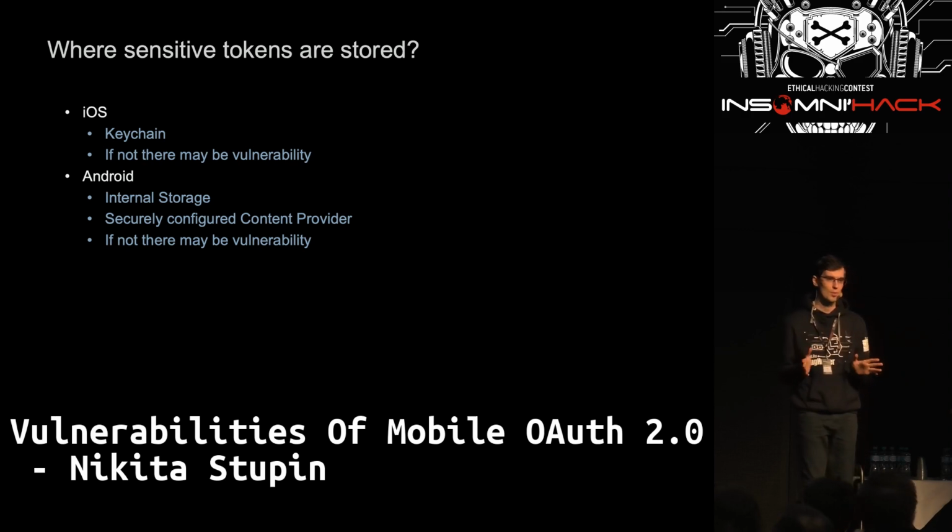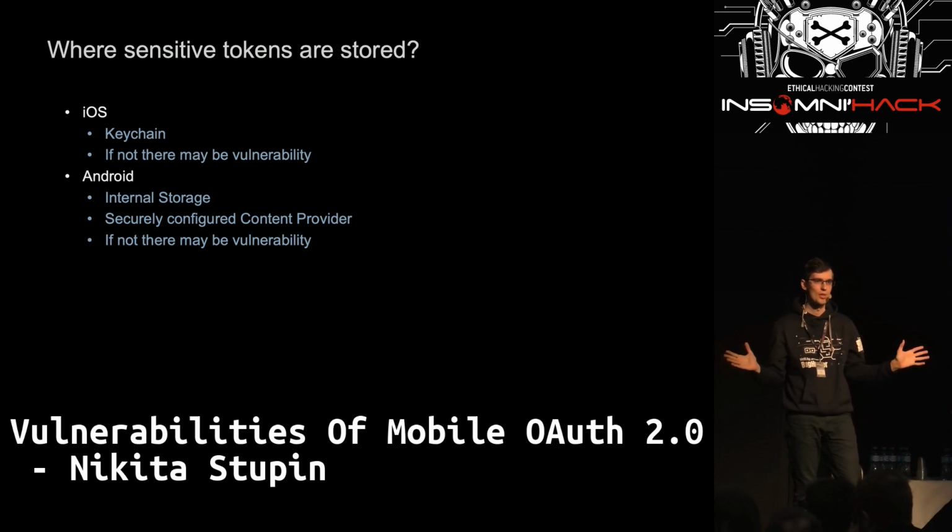There is not necessarily vulnerability because there is a huge array of possibilities by which developers invented how to store these tokens not in these places, and I cannot cover all of them, but the rule of thumb is if it's stored in keychain or internal storage, it's okay. If it's stored somewhere else, it needs deeper investigation.